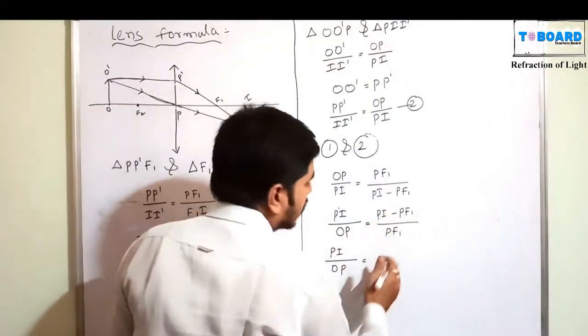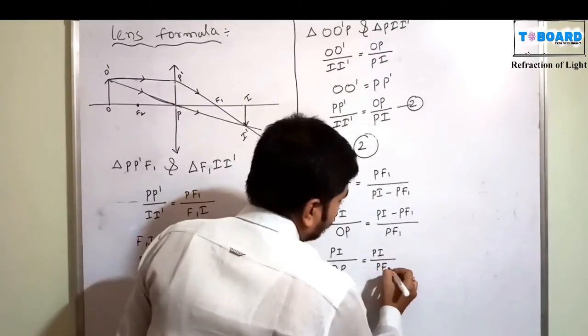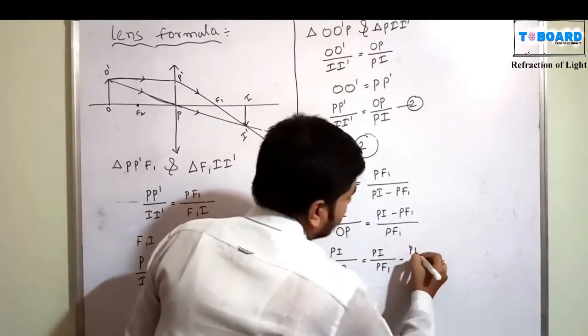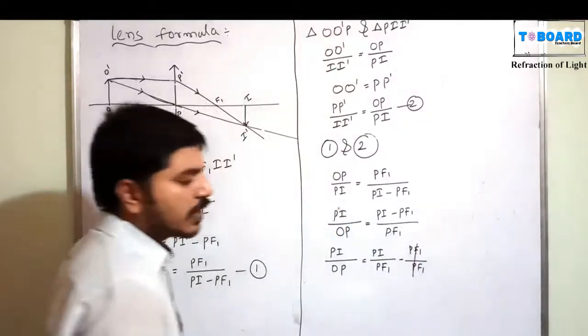I am going to separate it: PI by P F1 minus P F1 by P F1. So both are ready to cancel.